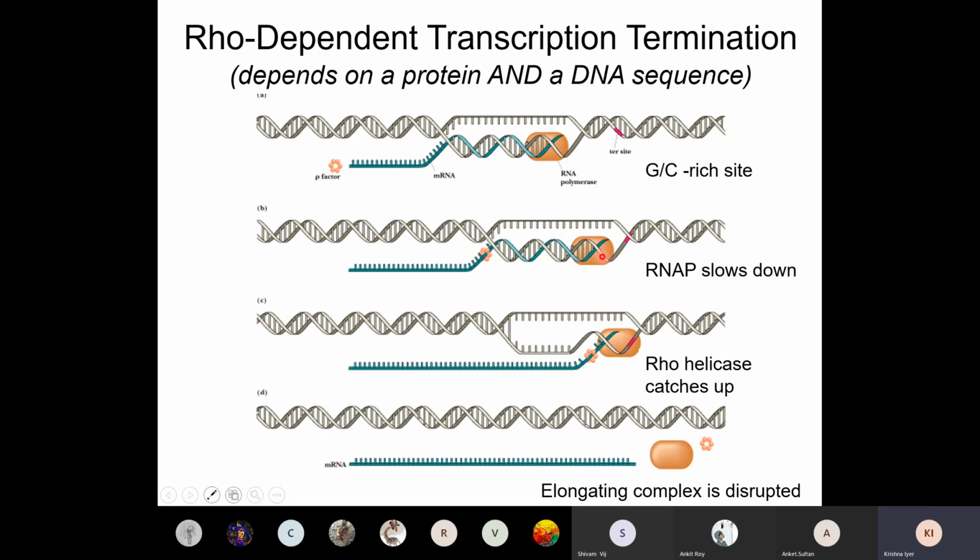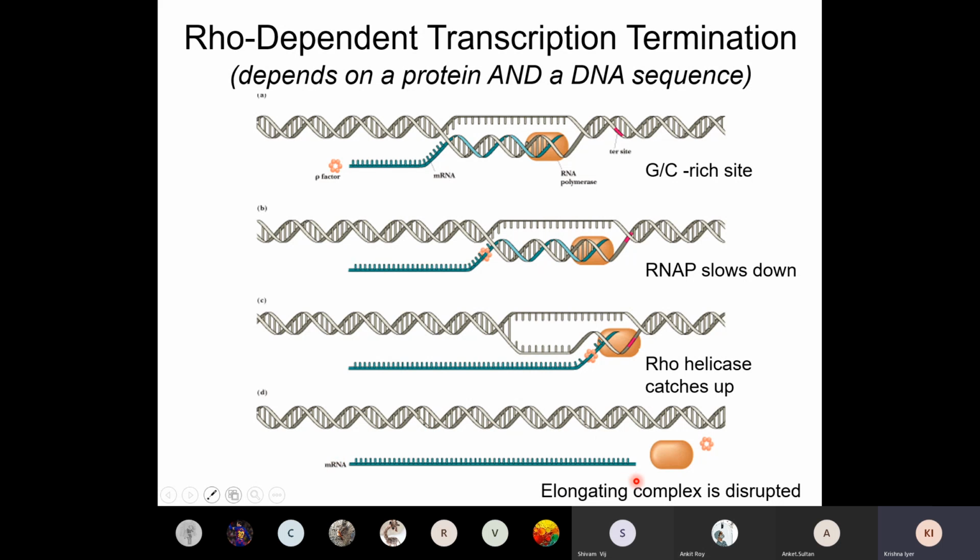But luckily, in those DNAs which use this system for termination, there are always GC-rich regions near the termination site, which slow down the RNA polymerase, allow the Rho factor to catch up, and when it catches up, it dissociates the RNA polymerase from the DNA-RNA strand, again giving you back your double-stranded DNA, polymerase, Rho factor, and the newly made RNA.